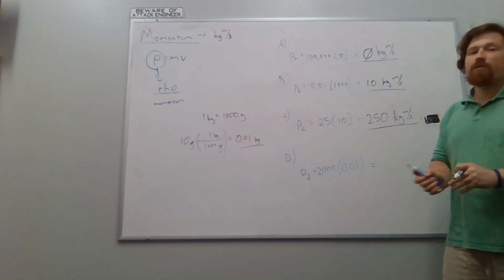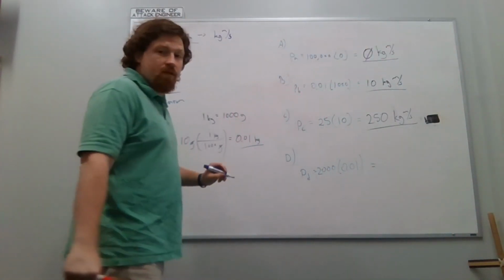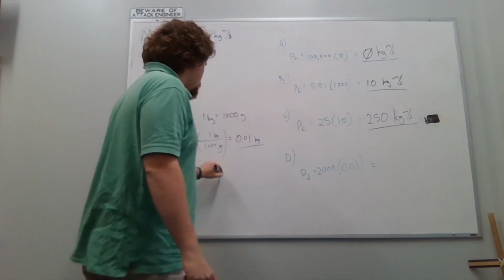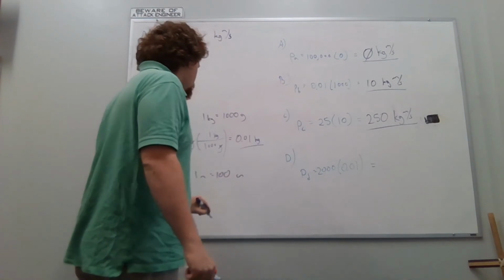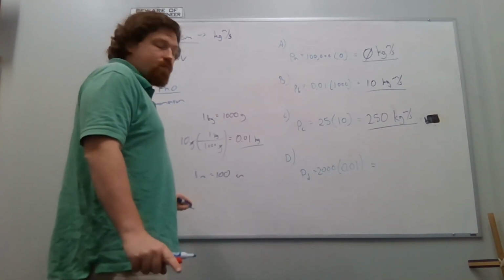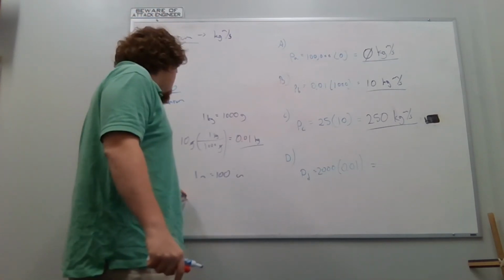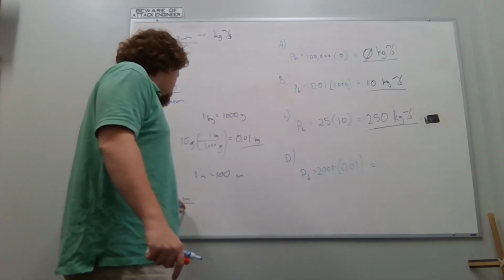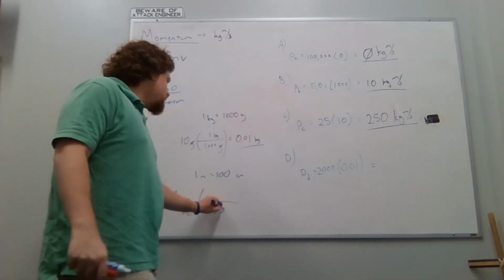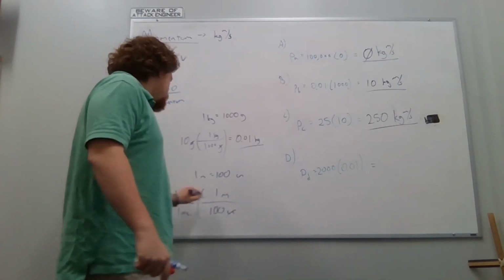Now, again, our formulas want meters per second. So, the conversion here is 1 meter is 100 centimeters. Therefore, 1 centimeter per 1 second. We want to convert the centimeters to meters. So 100 centimeters is 1 meter. Centimeters cancel.